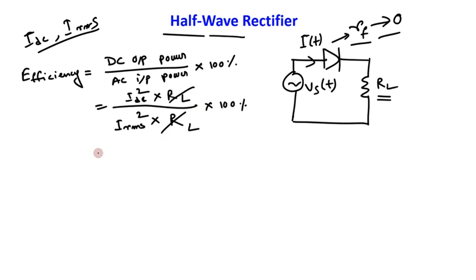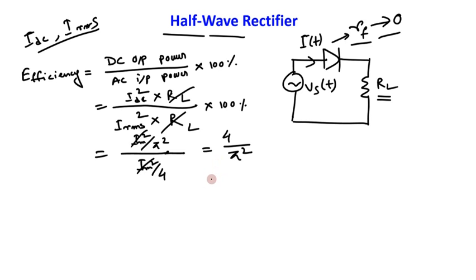So basically it simply comes out to be IDC square by IRMS square, which you now substitute the values. You should get Im square by pi square, and here it is Im square by 4. It is supposed to be 4 by pi square.